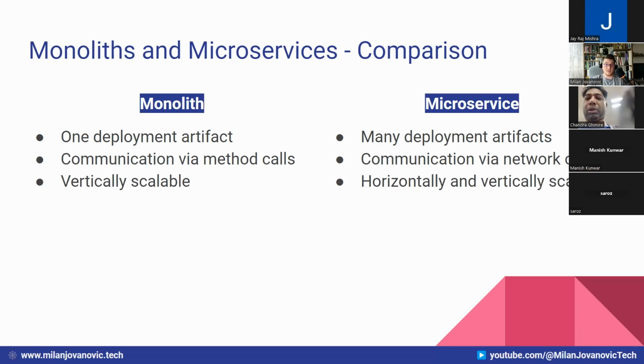With microservices, this is easy because you can both scale them vertically and horizontally. And when you're scaling horizontally, you're only affecting the one service, so your resource utilization is going to be much better.